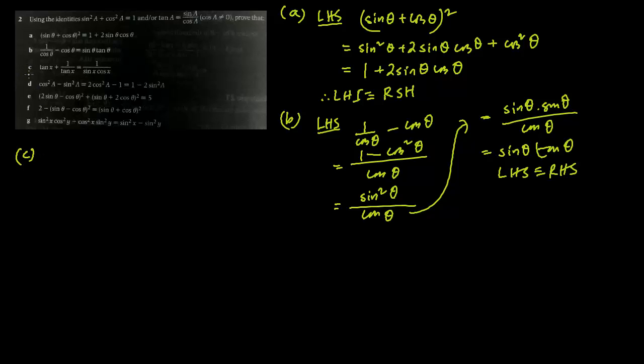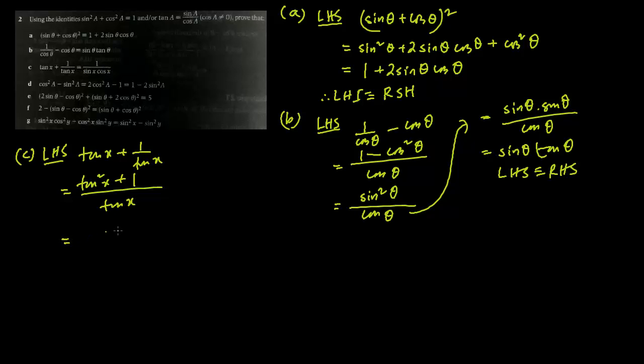Question number C, the left hand side that we have is tan x plus 1 by tan x. So let's simplify. If tan x is the LCM, then we can write tan squared x plus 1, so this is going to be 1. Now what we have to prove over here is 1 by sine x cos x.